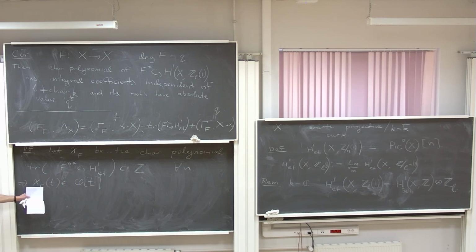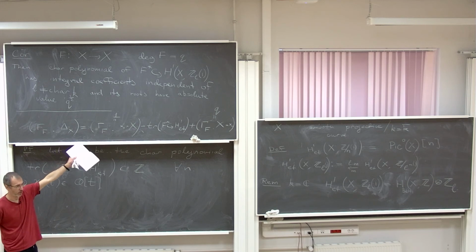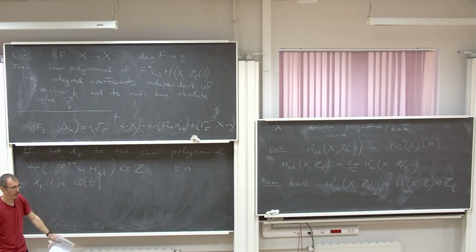So now let's check that these coefficients are actually integral. This is not entirely obvious. So why is it not obvious? The coefficients of the characteristic polynomial are traces of the symmetric powers, exterior powers of f.